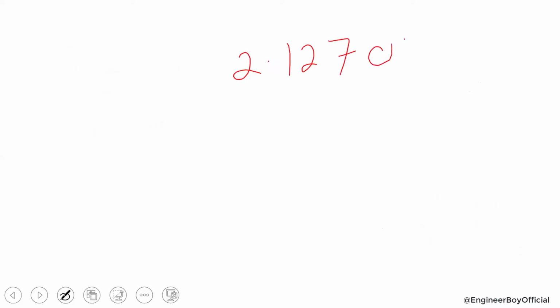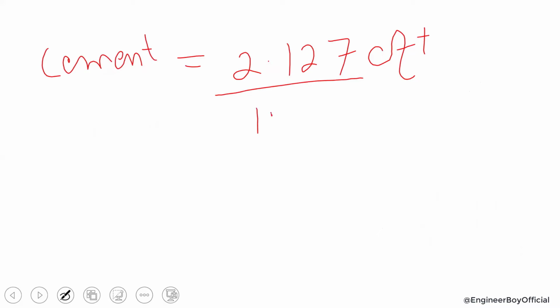So 2.127 CFT is actually cement. Now divide this by 1.25 to have the quantity of cement in form of bags. So we should have 1.701 bags.